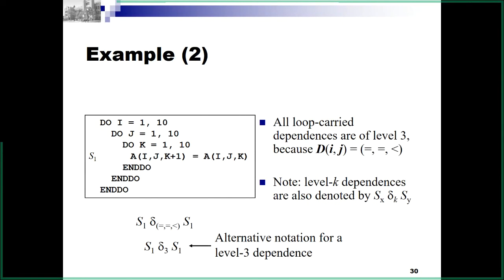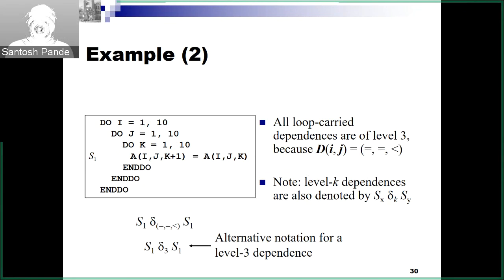Here is another example. They're all loop carried dependencies here at level 3. You can see equal to for the outside two dimensions, and less than because of the k dimension, which is a write occurring before a read. We can represent them from S1 to itself by equal, equal, less than, or by delta 3 S1.